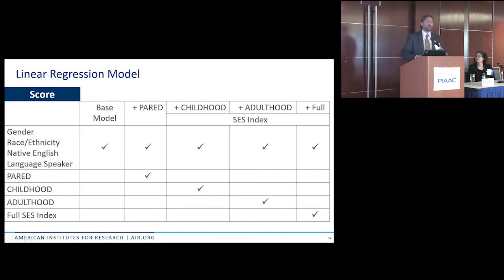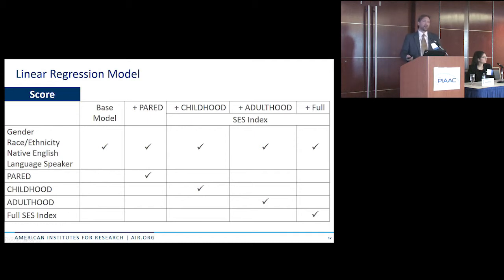We're looking at first at a base model where we have gender, race, ethnicity, and native English language speaker status, which is important, especially for explaining also the white Hispanic skill gaps. This is our base model, gives us more or less the observed achievement gaps.